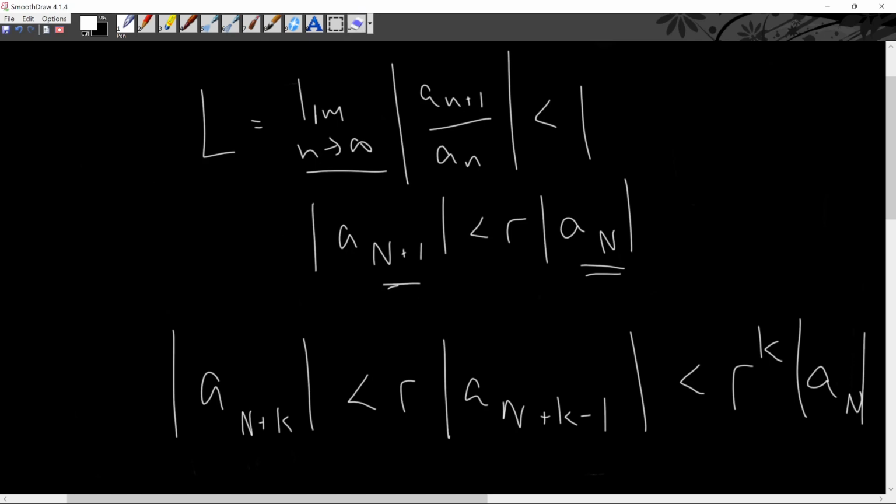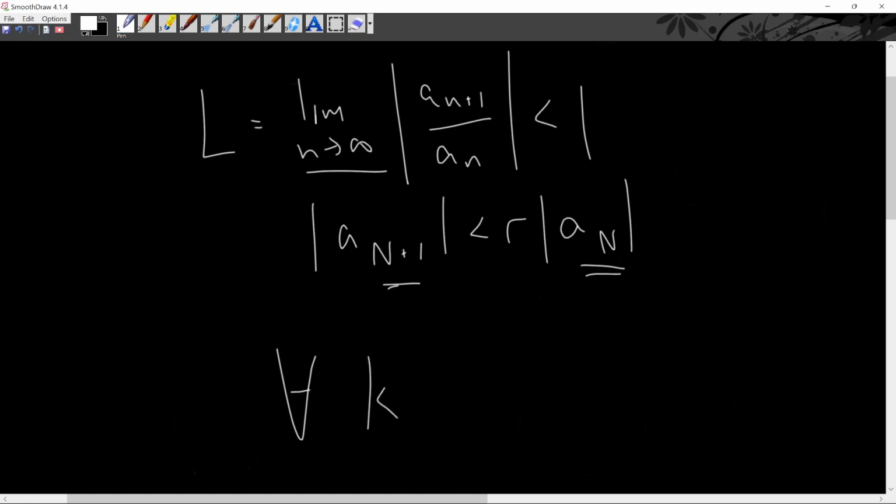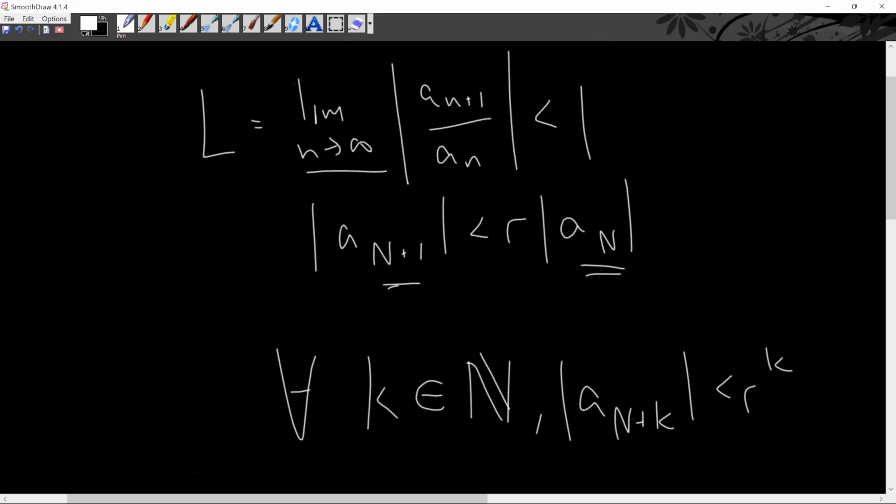So for every k value within natural numbers, we can even write this in math terms just to feel good about ourselves. For all k in natural numbers, we have a sub n plus k is less than r to the k times a sub n.